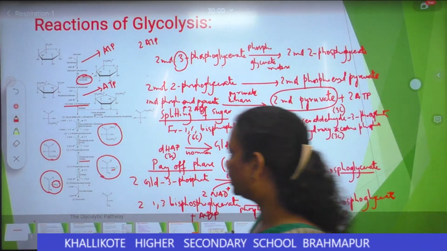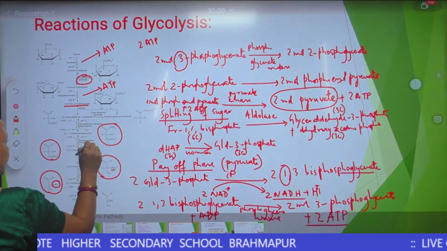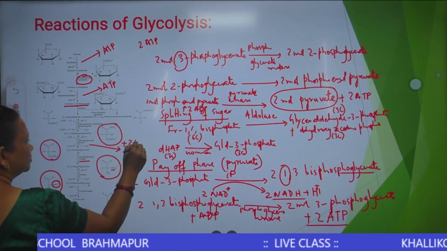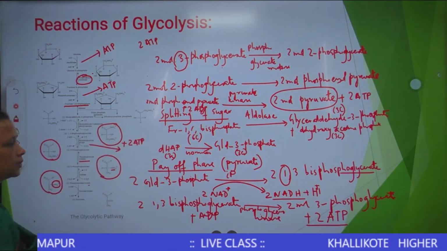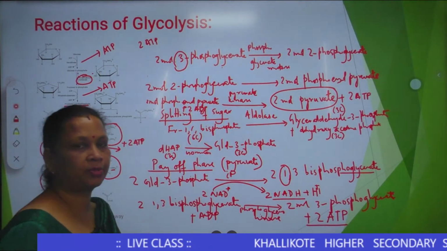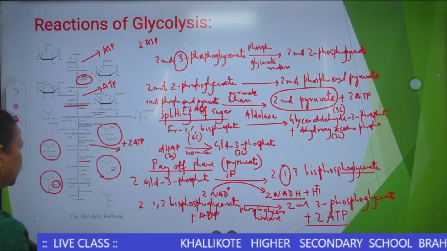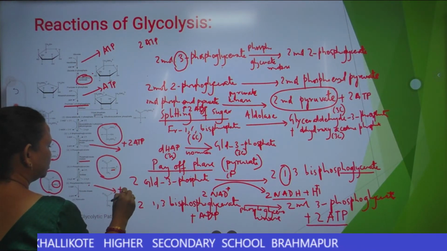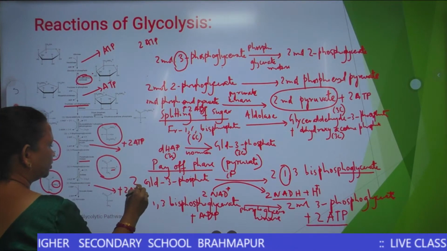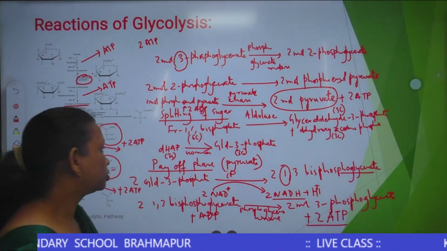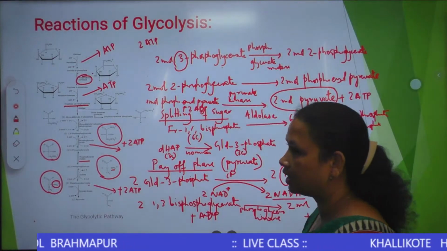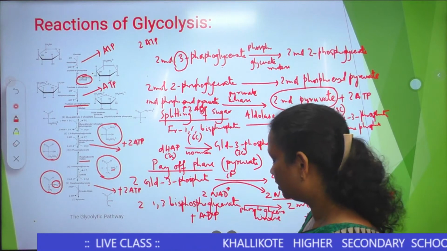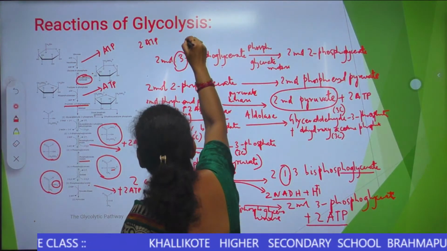So, here we gain 2 ATP. Where else do we gain ATP molecule? Is in the last step. So, this is again 2 ATP molecules. So, total ATP gained is 2 plus 2, that is 4 ATP.